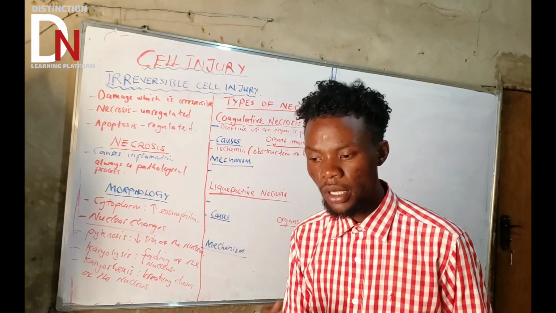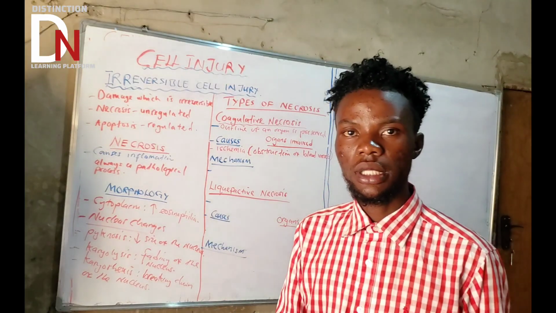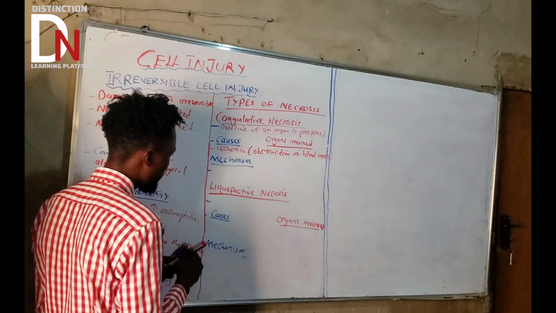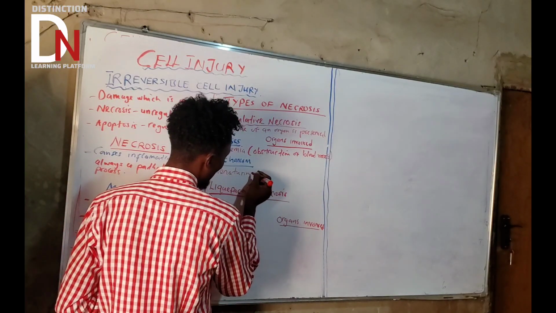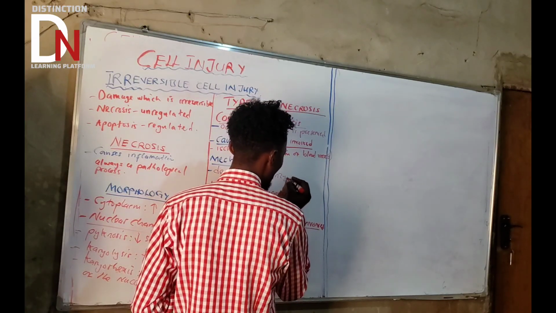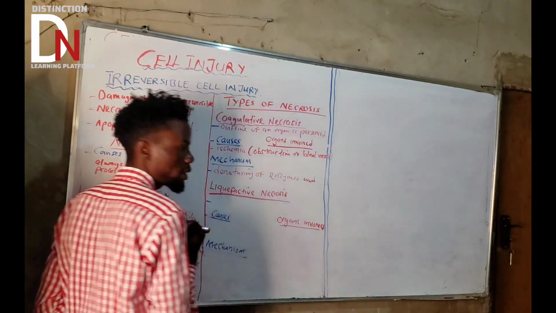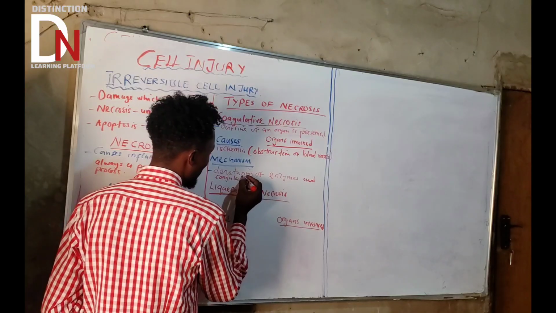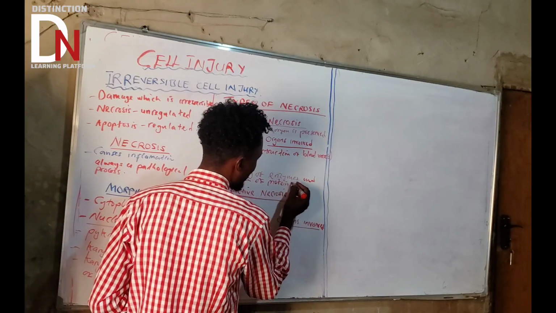Although necrosis is happening, there are no enzymes killing the cell. So what are we saying? The mechanism is denaturing of enzymes and coagulation of proteins.